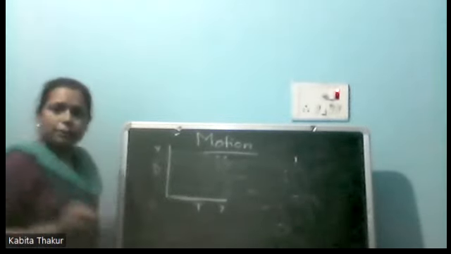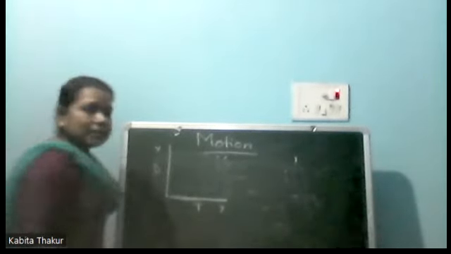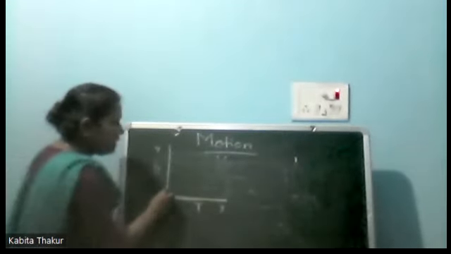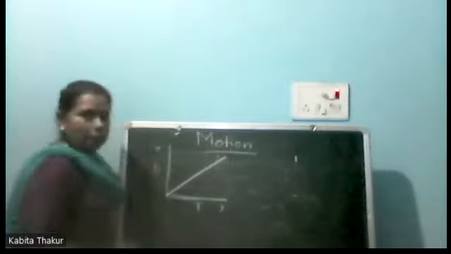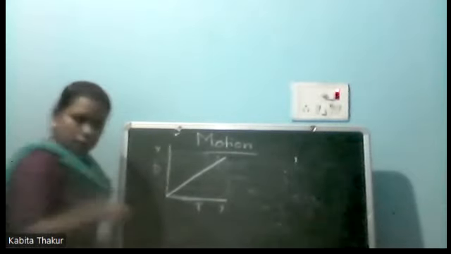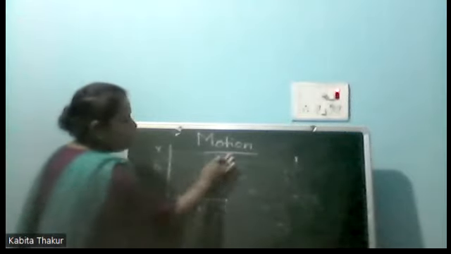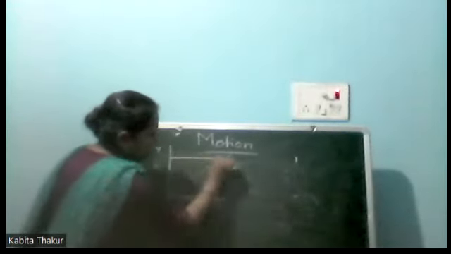For a distance time graph, when the object is moving at a constant speed, meaning covering equal distance in equal interval of time, we are going to get this type of line. But if the object is stationary, at that time we are going to draw it like this.